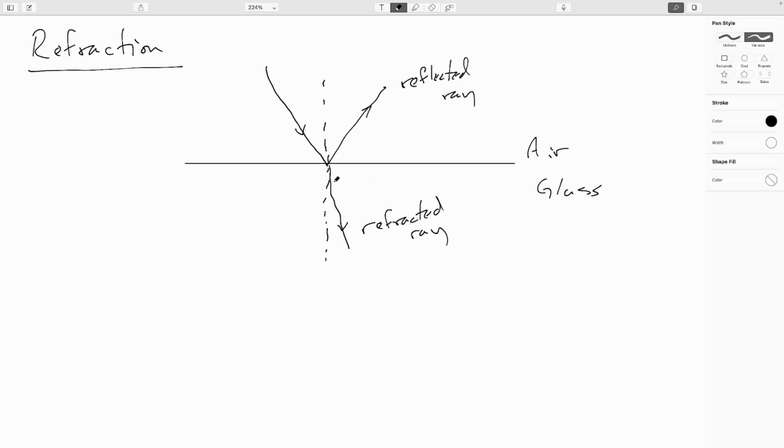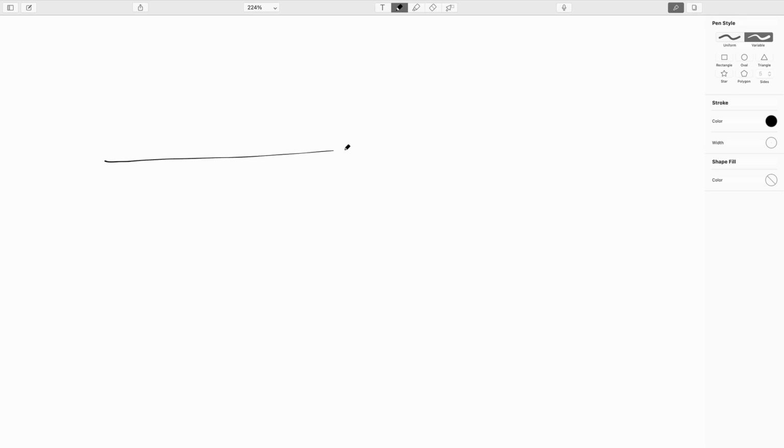All right, so what you saw there was refraction. So here's our interface here. Let's just say this is air and this is glass for the moment, just to make it a little more concrete.